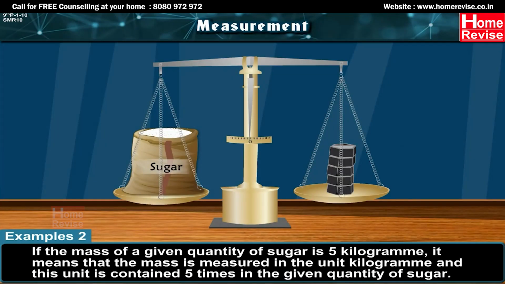Second, if the mass of a given quantity of sugar is 5 kilogram, it means that the mass is measured in the unit kilogram, and this unit is contained 5 times in the given quantity of sugar.